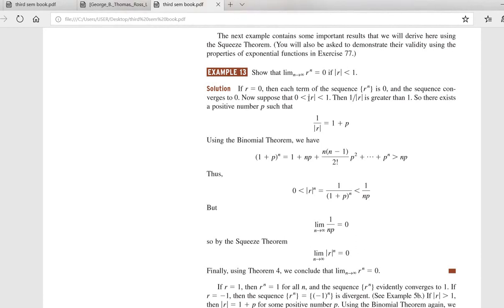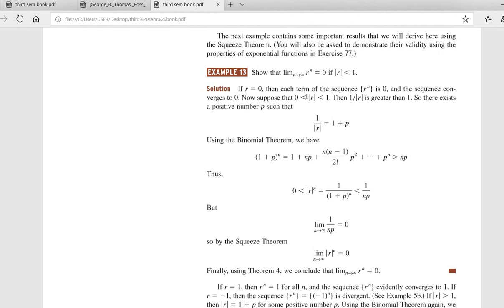Then 1 by mod r is equal to what? 1 by mod r is greater than 1. Therefore, there exists a positive number p such that 1 by mod r equal to 1 plus p, because this 1 by mod r is greater than 1.